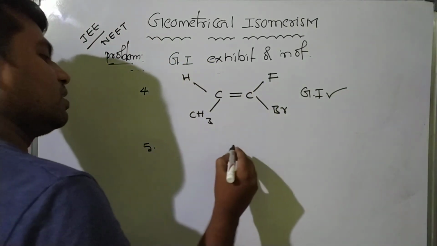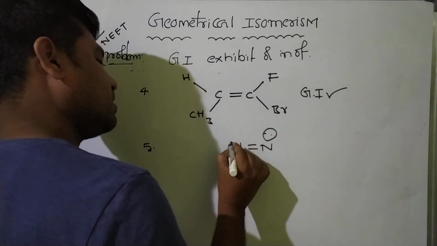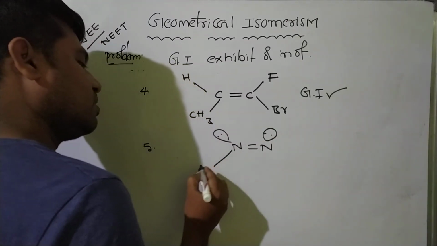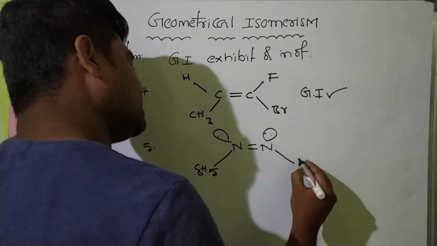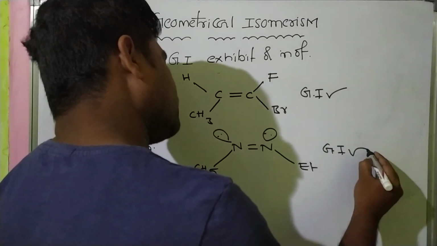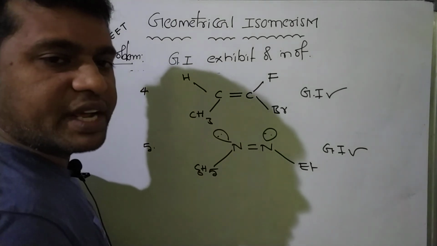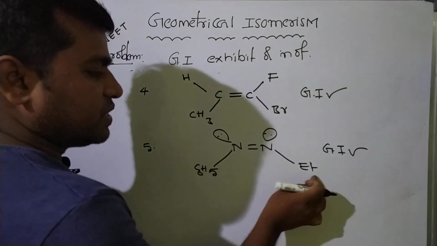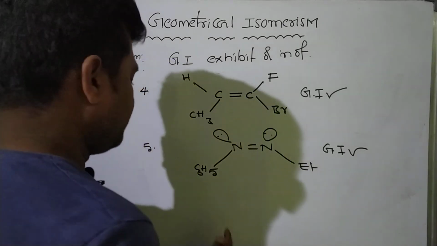And the fifth one, N double bond N. This is a lone pair, this is a lone pair, this is a phenyl group, and this is an ethyl group. This also exhibits geometrical isomerism. Why? Because all azo compounds will exhibit geometrical isomerism irrespective of the groups bonded to the azo group.